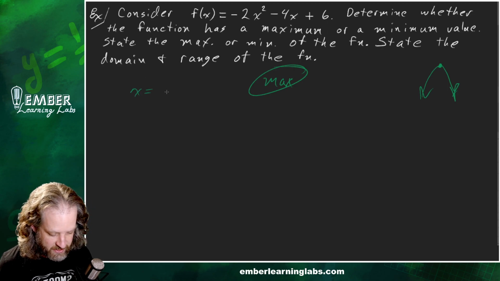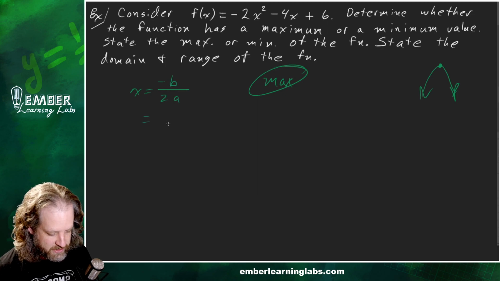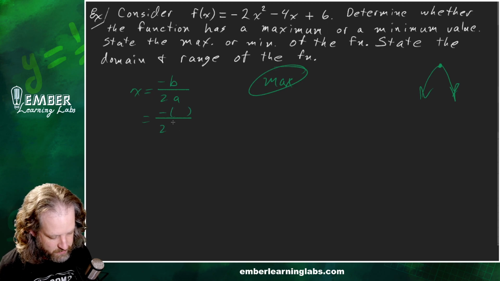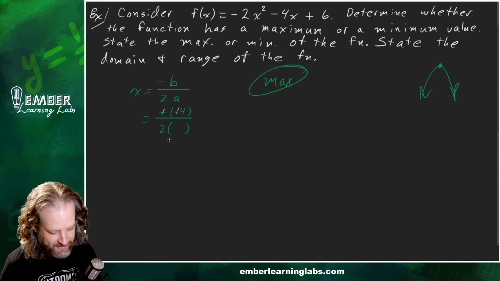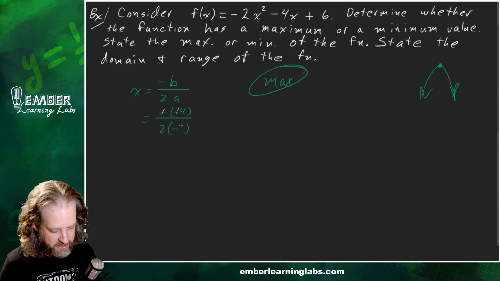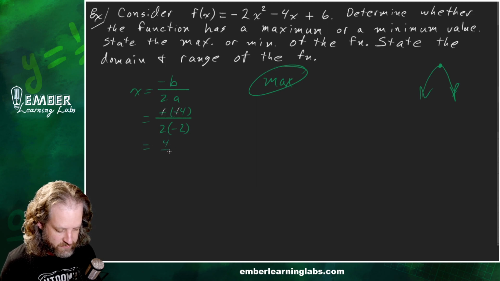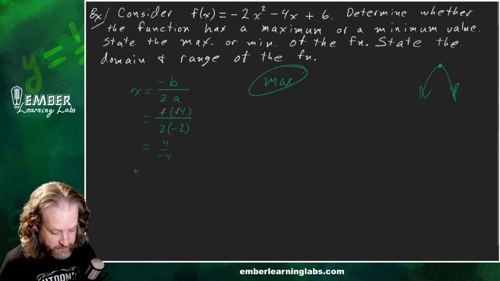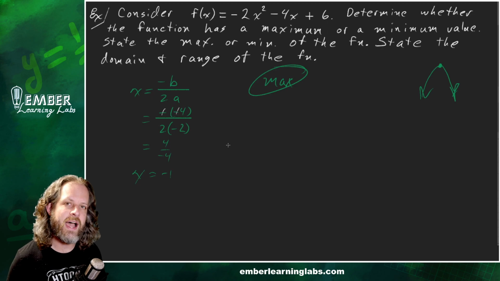So we're going to use x equals the opposite of b over 2a. b is -4, so we turn that into +4 over 2a. a is -2, so 4 on the top and 2 times -2 on the bottom, so -4. So that's the x part of the vertex, but for the maximum, we want just the y part.